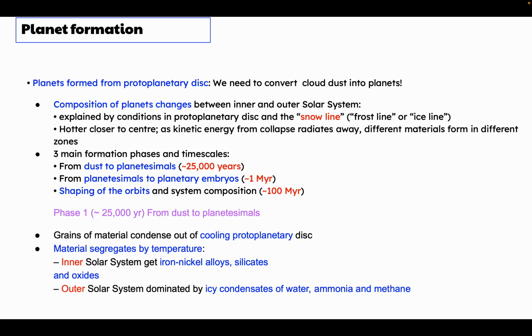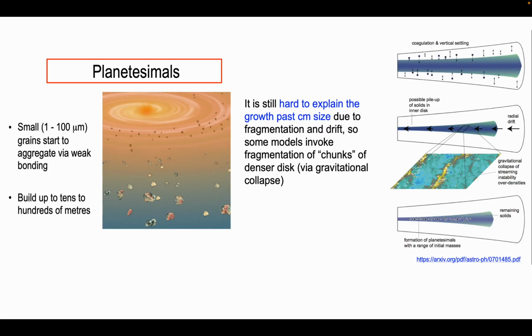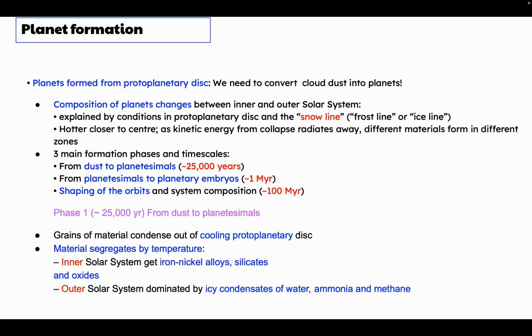The key thing for this phase is that the material condenses and forms planetesimals, or very small objects of around 1 or 2 kilometers. You can see that this phase takes the least years in the planet formation scenario. For any Earth-like planet, it takes around 25,000 years.